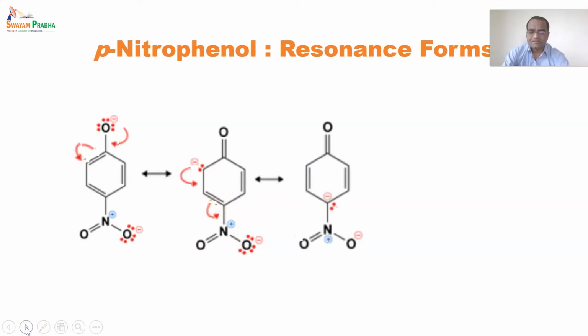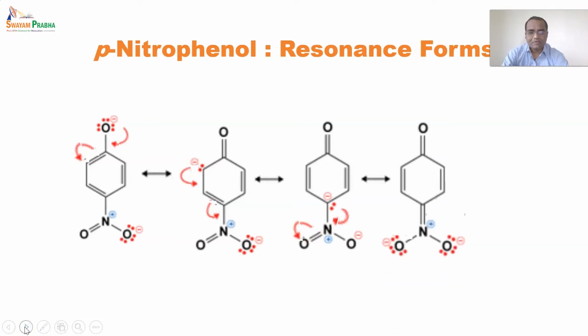and as soon as it breaks, the negative center at the para position now will donate an electron towards the nitrogen, the electron deficient nitrogen, which can be seen with a positive charge. As soon as it happens, the electrons which are coming onto the nitrogen shift and break the pi bond between nitrogen and oxygen, and again the negative centers on both the oxygens are formed.